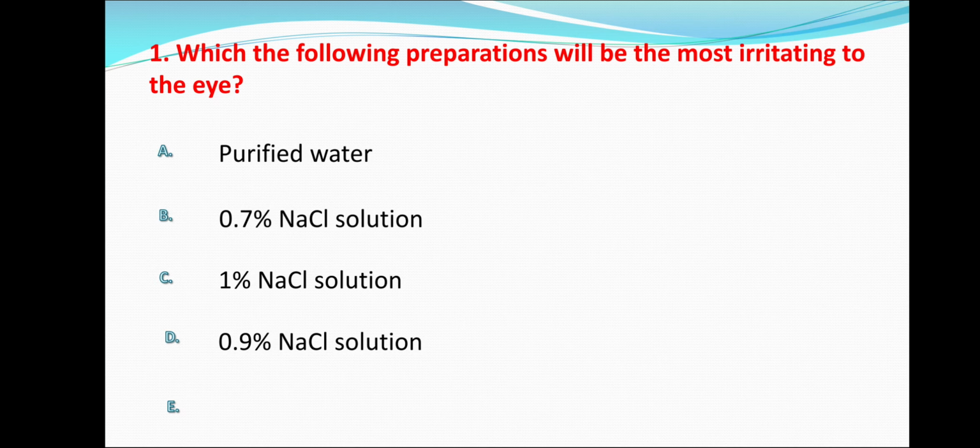Thus, the least hypotonic solution, that is 0.7% NaCl, will be irritating to the eye. However, with 1% NaCl, intracellular fluid will flow to the corneal surface and will cause more irritation. So option C will be the most appropriate answer for question number 1.